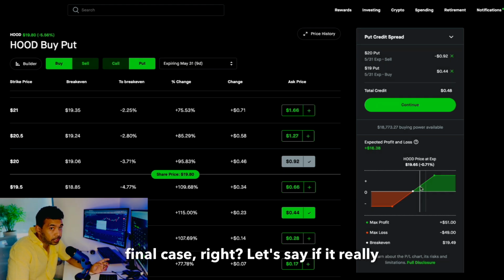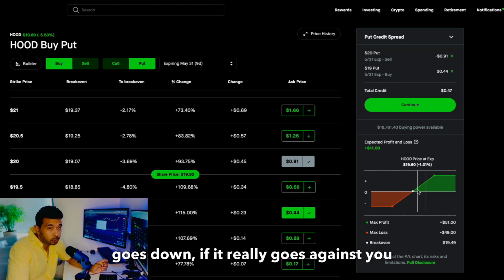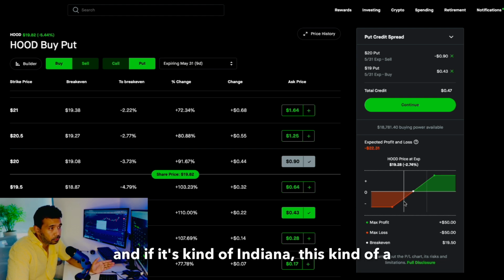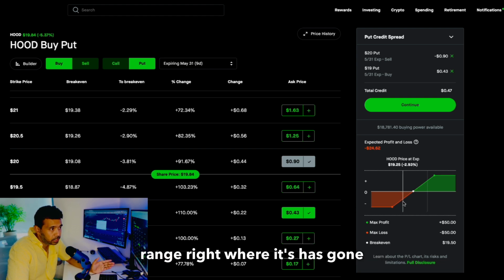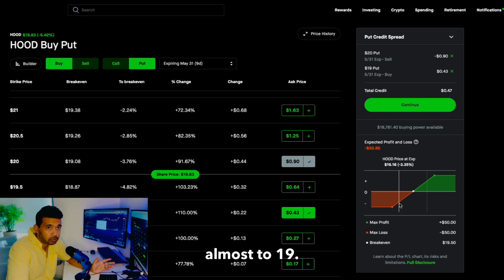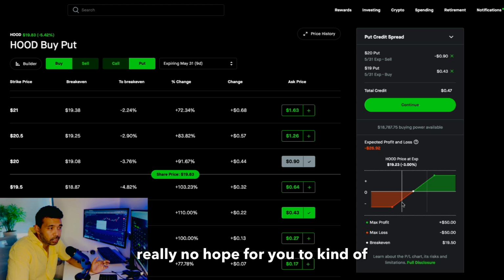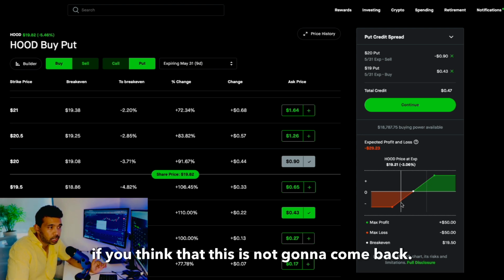Now the final case: let's say it really goes against you, to almost 19, and there's really no hope for it to come back.